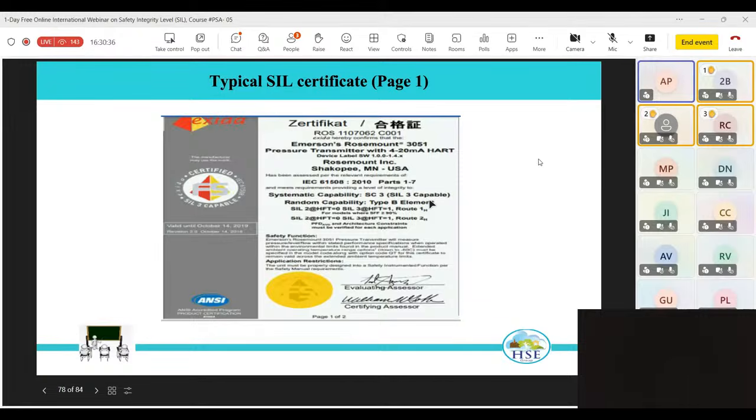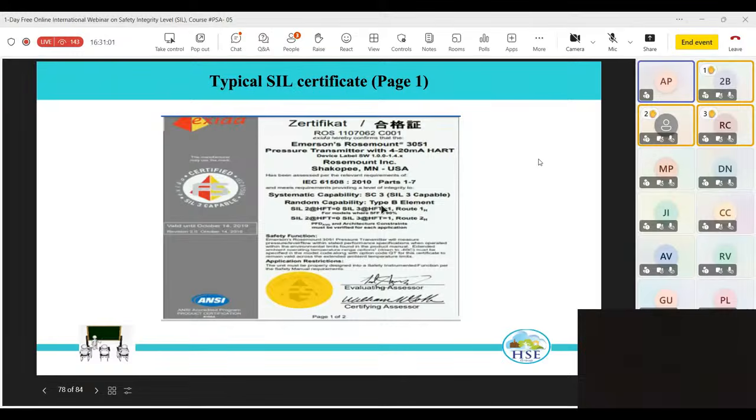This transmitter can be used for SIL 3. This transmitter is SIL 3 certified. Now, random capability. In the morning we explained three types of failures: random failure, common cause failure, and systematic failure. So this certificate is actually giving you a clear certification for all these failures.